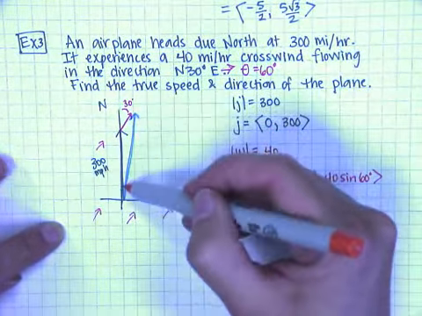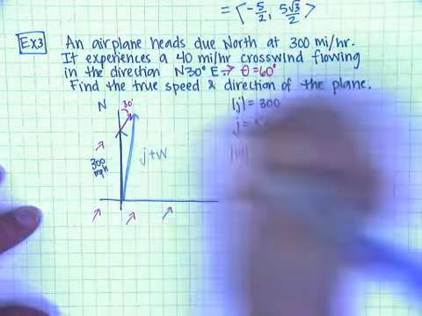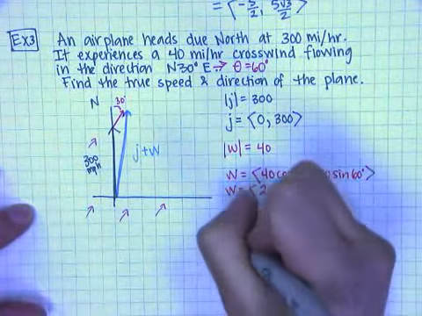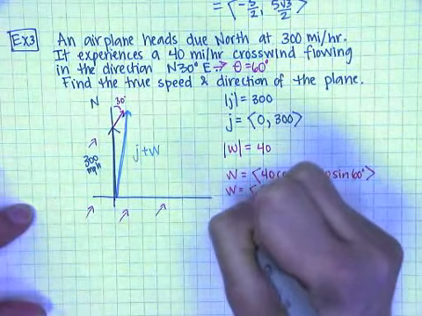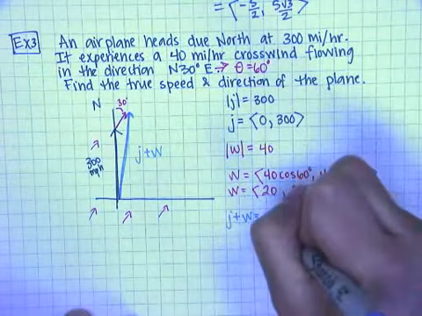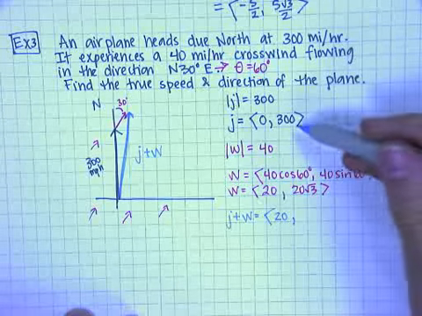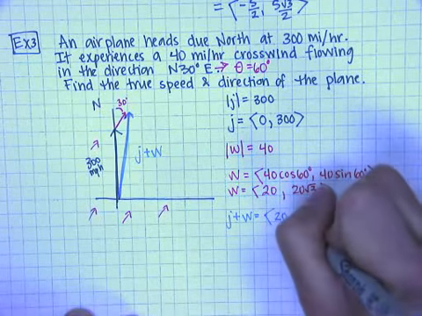And now this vector right here, the blue vector, is J plus W. So I've got J plus W equals, let's see, 0 plus 20 is 20. 300 plus 20 square roots of 3.